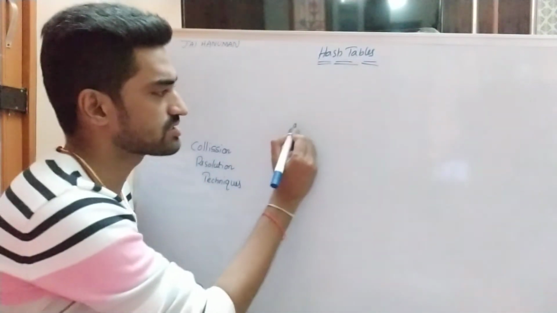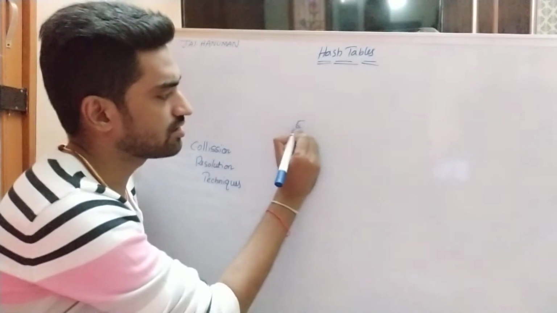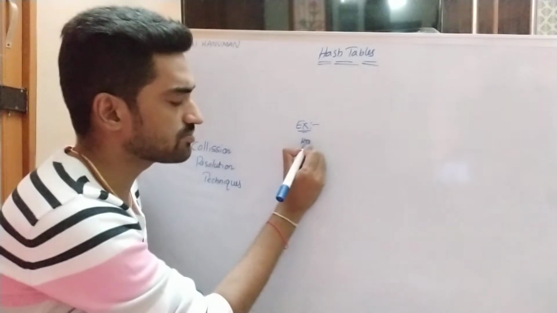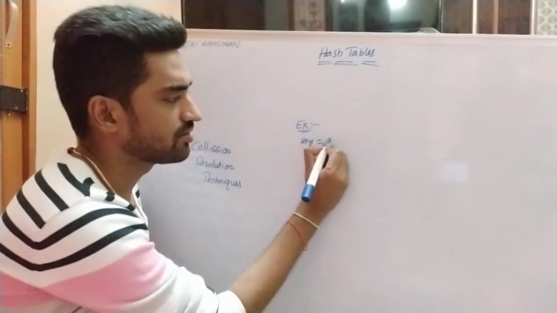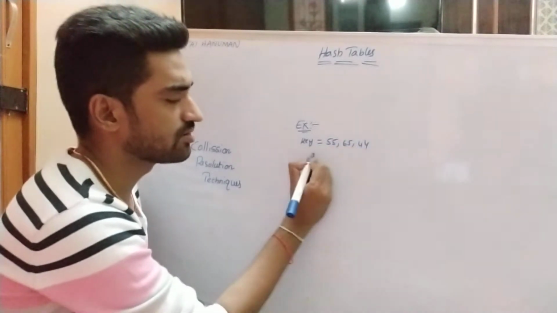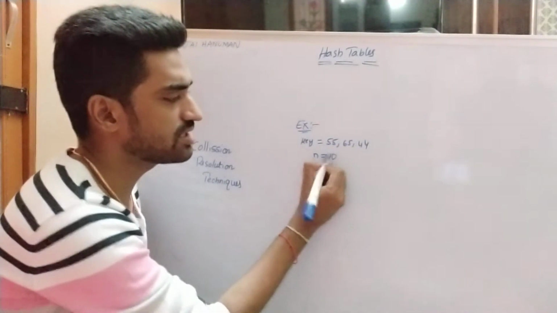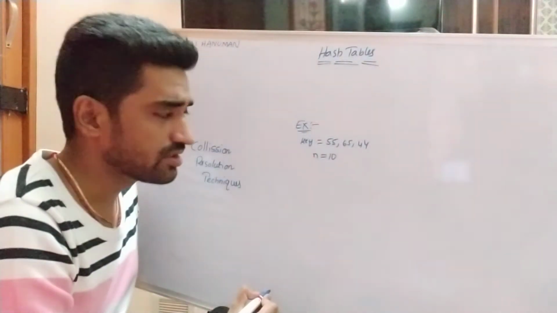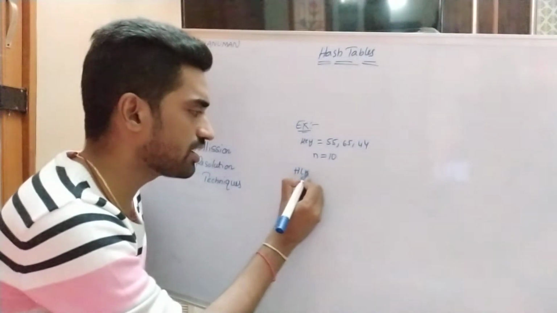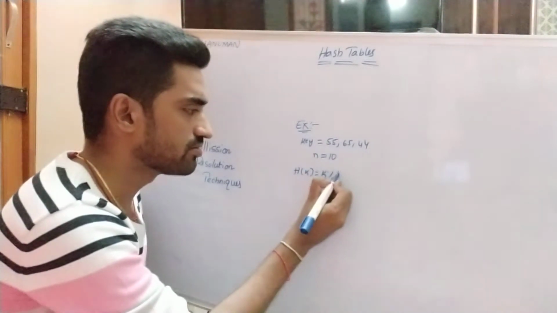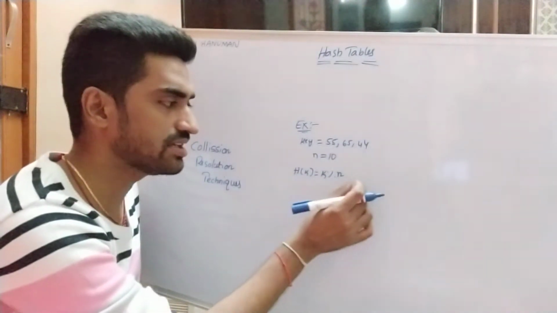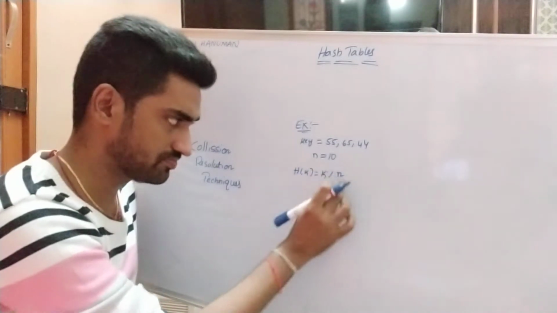Let us consider one example. Suppose I want to insert the key elements 55, 65, 44, and the size of the hash table is 10. The formula is H(k) = k modulo n. To place an element into the hash table, we use this formula.